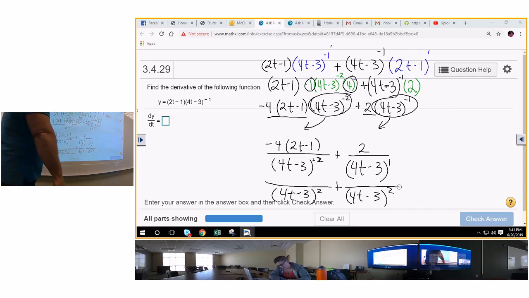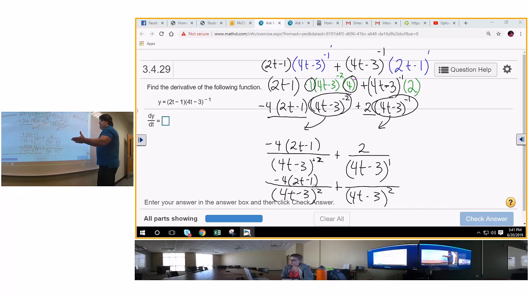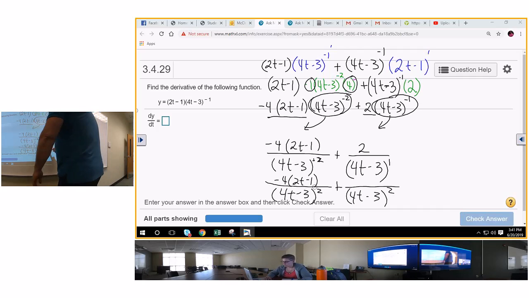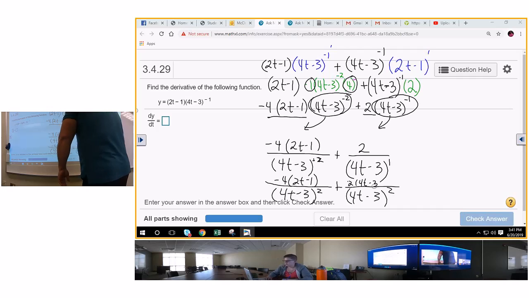And now you're just going to convert. 4t minus 3 to the second power will go into 4t minus 3 to the second power one time. 1 times -4, blah, blah, blah, is -4, blah, blah, blah. 4t minus 3 to the first power will go into 4t minus 3 to the second power. 4t minus 3 to the first power times 2 is 2 times 4t minus 3 to the first power.